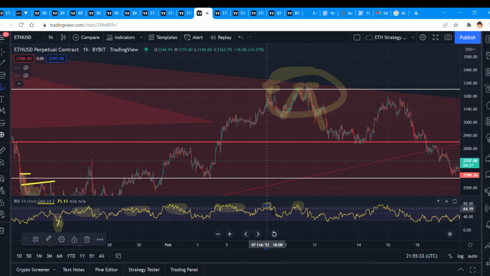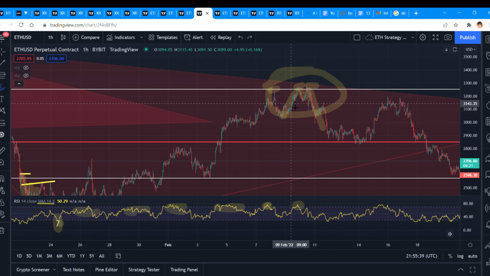So here is the RSI topping twice, which means everything works in ups and downs. After the 3 levels up, there has to be a correction. There has to be 3 levels down. How far down? That's the issue, because when the trend is bearish, the correction tends to be deeper.